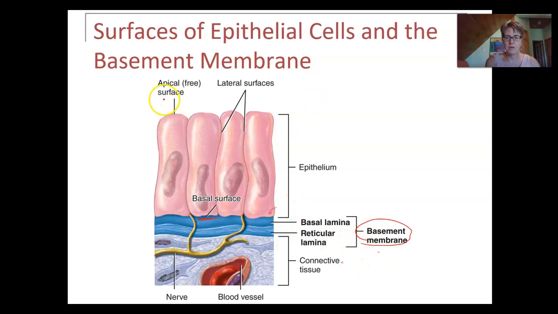So apical at the top, basal at the bottom, and their picture is a lot nicer than mine. And then we will find some cell junctions in between, and that was another property. They could have tight junctions. They could have desmosomes.